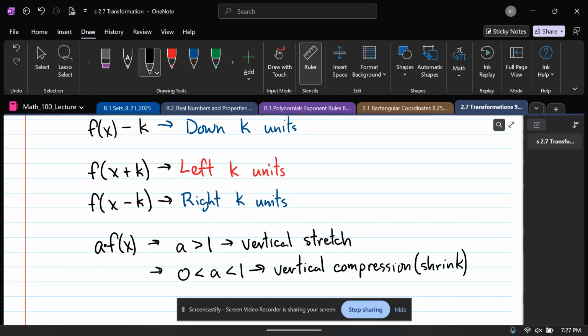Decimals, fractions that are smaller than 1, like proper fractions like 1/3, 2/5, something like that. Decimals like 0.7, 0.3. Those are numbers that are between 0 and 1. Notice that multiplier is on the outside. It's a vertical move.